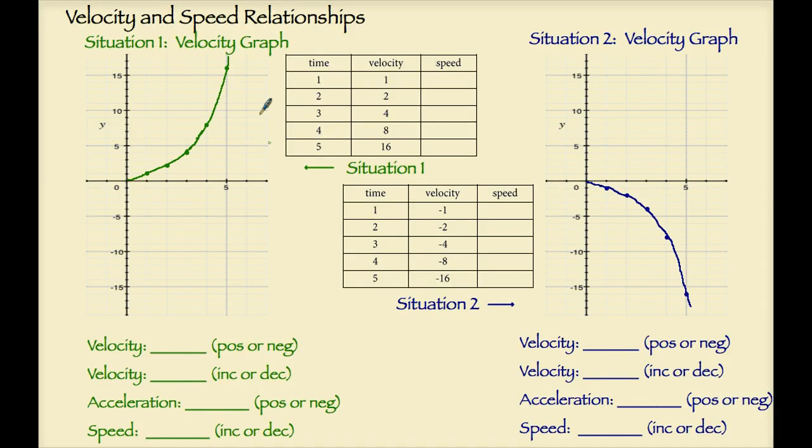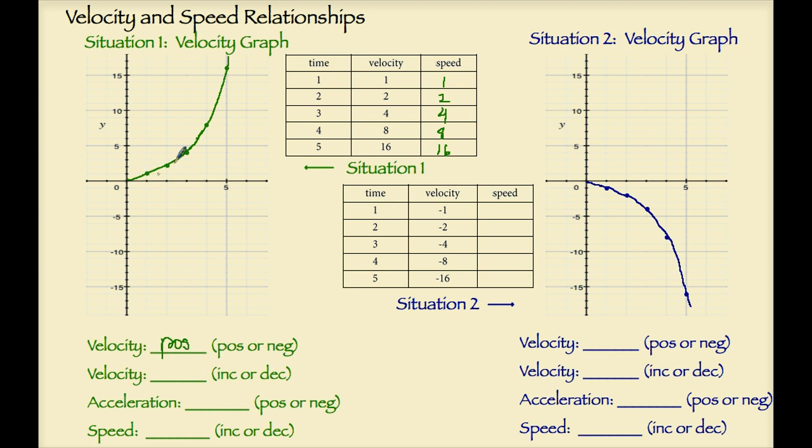In situation 1, here's our velocity graph. At these times, these are the velocities. Since speed is the absolute value of velocity, that means we have a speed of 1, then 2, 4, 8, 16. Now let's answer some questions. Is velocity positive or negative in this situation? In this case, all of the velocities are positive. Is it increasing or decreasing?